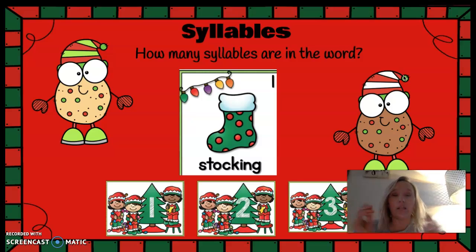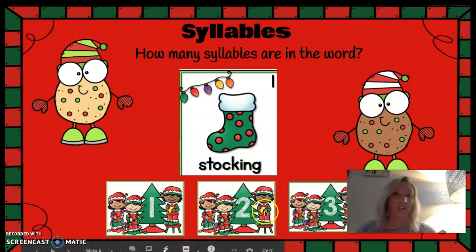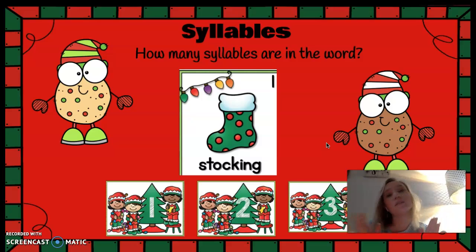We can clap, we can snap, or we can count on our fingers how many syllables are in a word. Words can have 1, 2, 3, or even 4 syllables. So we're going to practice that, and this is going to be attached to a syllable counting activity where you can practice counting or copying out syllables.